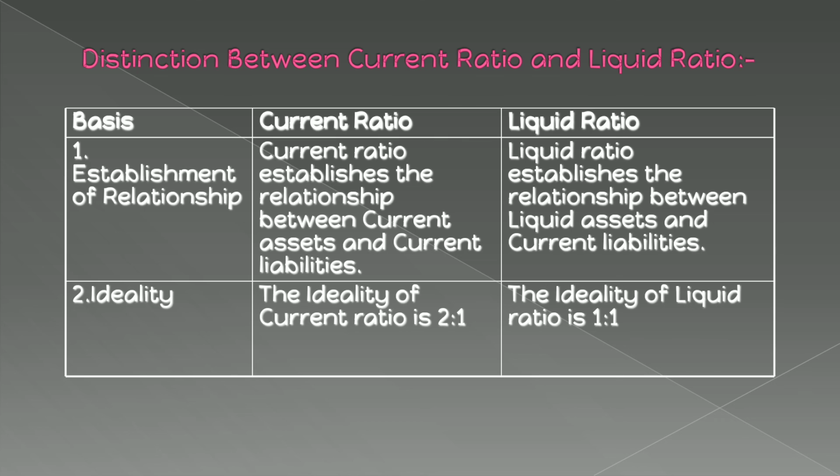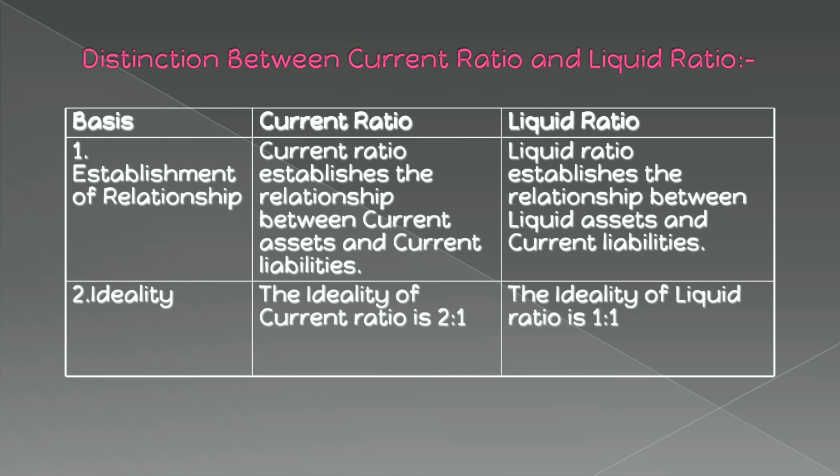So let us discuss the difference. So simple, you have understood the things and easily you can understand the difference also. That current ratio establishes the relationship between current assets and current liabilities, whereas liquid ratio establishes relationship between liquid assets and current liabilities.